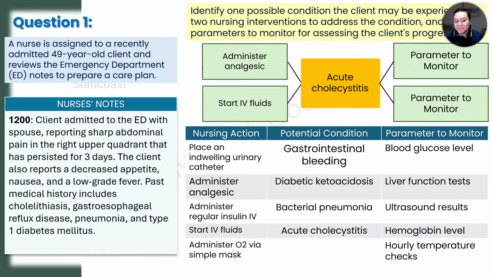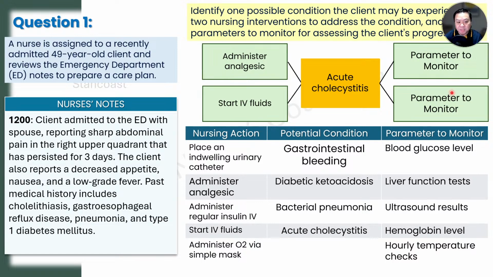Now let's get into the third section here, which are the parameters to monitor. Now, after you select the nursing actions, the final step here is to determine the parameters that should be monitored. So you need to select those that will directly address the condition or the intervention.